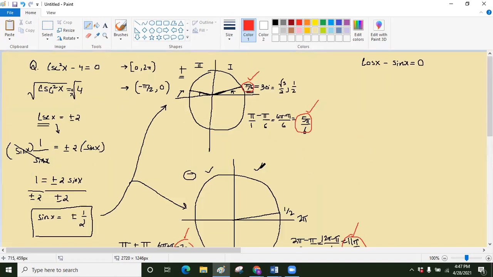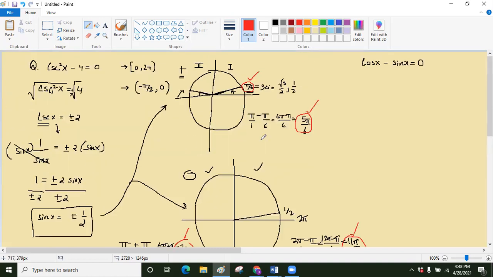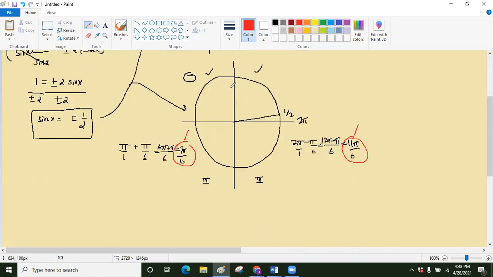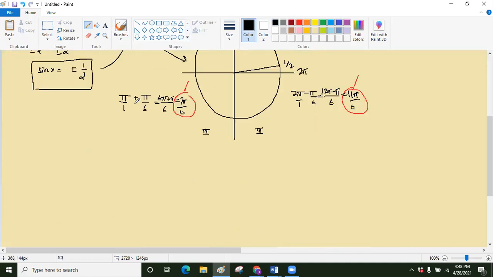These are all solutions, and you'll notice that all the angles are in the range of 0 to 2 pi. But what you might not notice, perhaps not as obviously, is that none of them are on this particular interval. So let's investigate this for a bit.